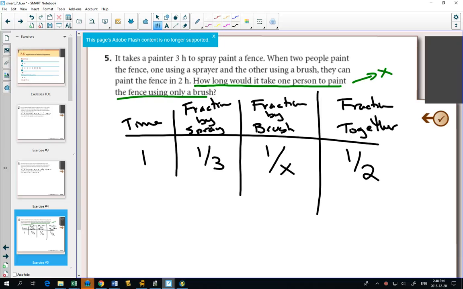So when they work in 1 hour, the 1/3 plus the 1 over x gets them half done. Does that make sense?